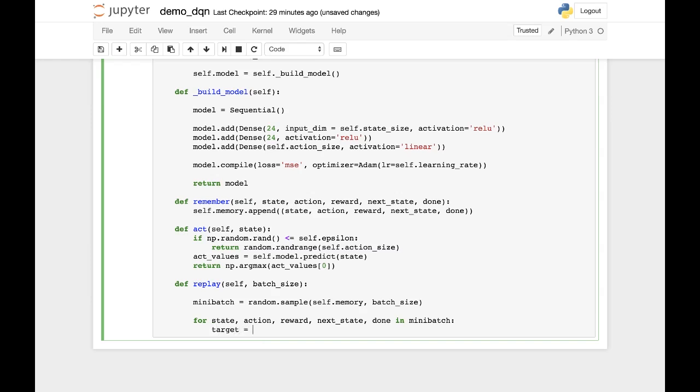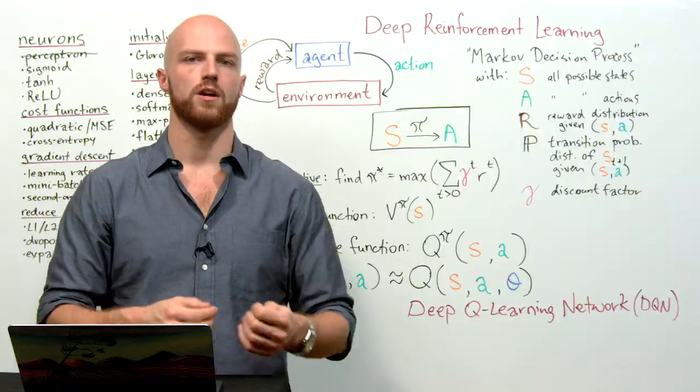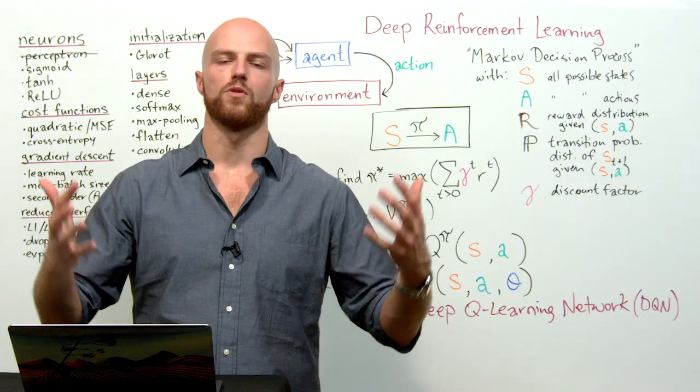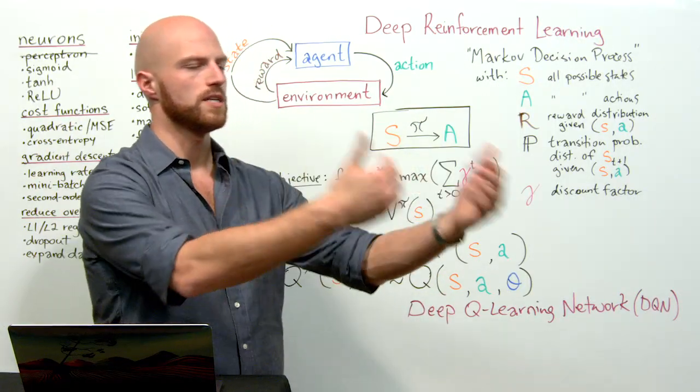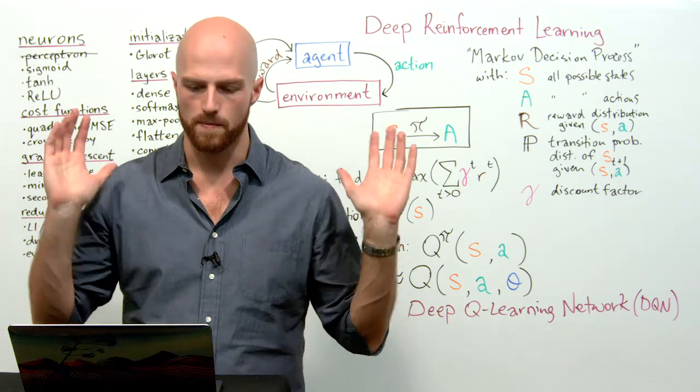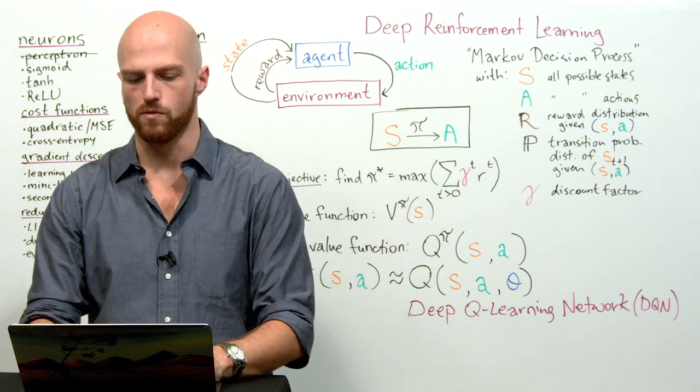So done equals true. And in that case, there's no mystery about what our target is. Our target is simply equal to the reward. We know how the game ends. We don't need to make predictions about future reward. Target is equal to reward.